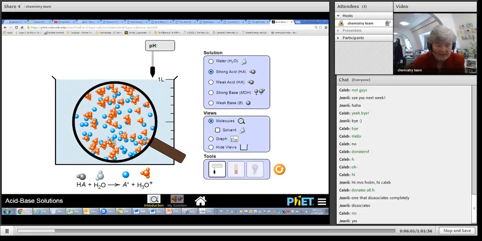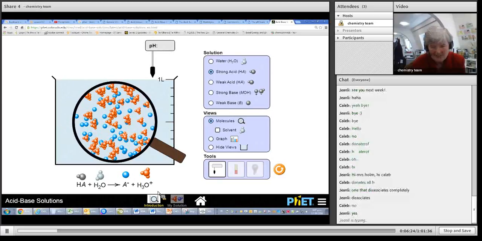Johnny is correct in that they are approximately equal, because for every HA that breaks up, it's going to give one A minus and one hydronium ion. But Caleb is also right in that there's a tiny amount from water that's dissociated. So the hydronium is a tiny bit more, but it's small enough to ignore. So we can say they're equal.